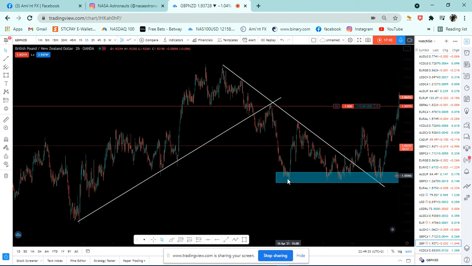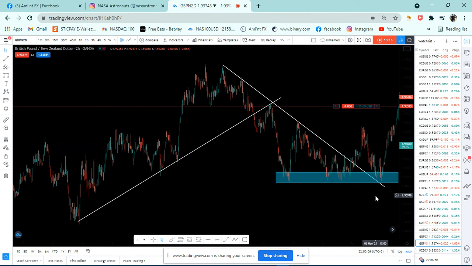The market went down. Then what we noted is that after the market formed this higher high, the market went down to this point, then couldn't break this higher high, and it formed a double top. That was also an indication that the market was about to change direction. And here it's a triple bottom of some sort.